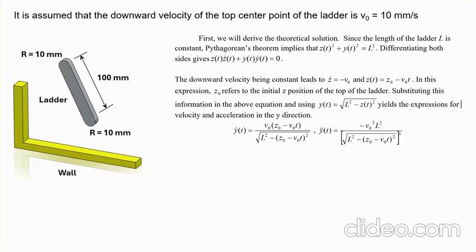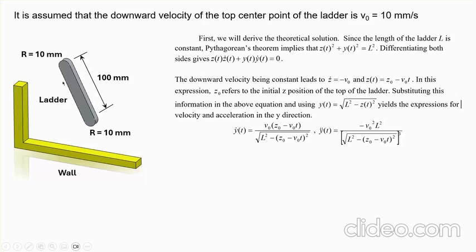The way it was done is that the height of the ladder and the horizontal distance of the ladder, z and y, if you use Pythagorean's theorem, you say z squared plus y squared equals the length of the ladder squared, and you differentiate both sides. The right side is going to be 0 because L is constant, and the left side is going to be 2zz dot plus 2yy dot, but you can divide through by 2, and you get this expression.